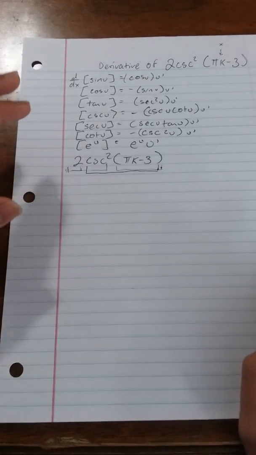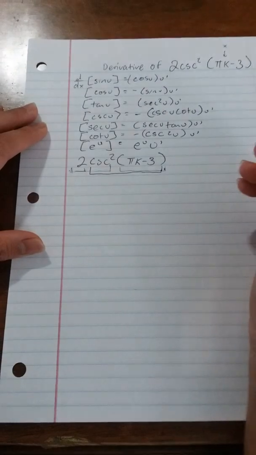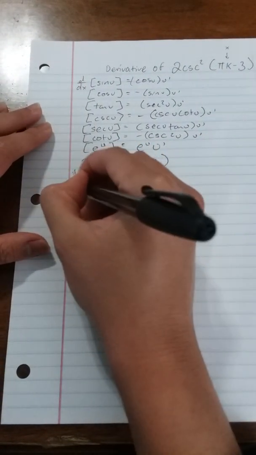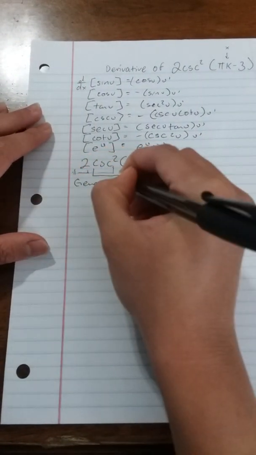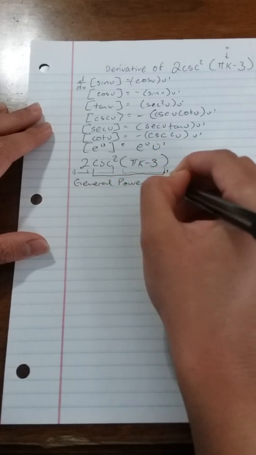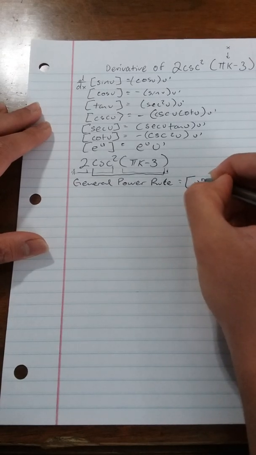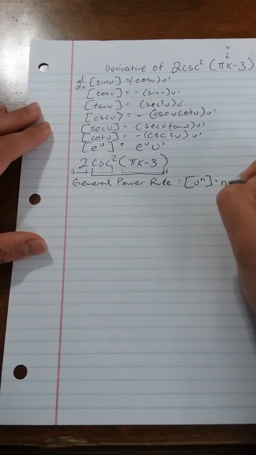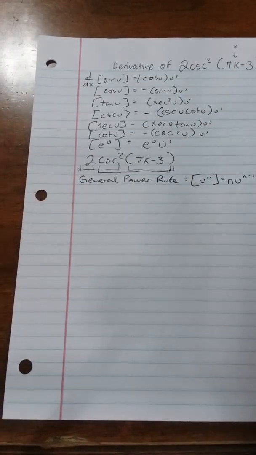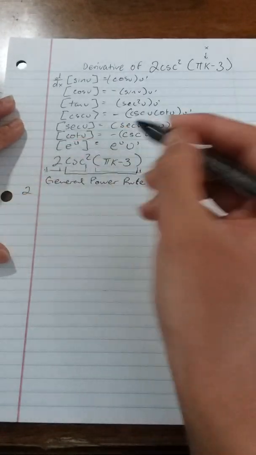Okay, so first we're going to get started by using the general power rule, which is the derivative of u to the n is equal to n u to the n minus 1 times u prime. Okay, so now we have the general power rule, and we can apply it. We're going to ignore that 2 in front for our first step.